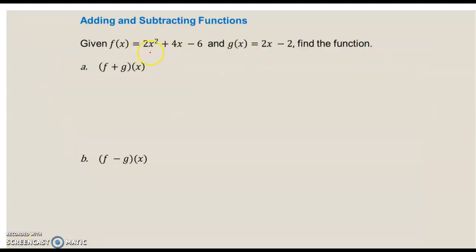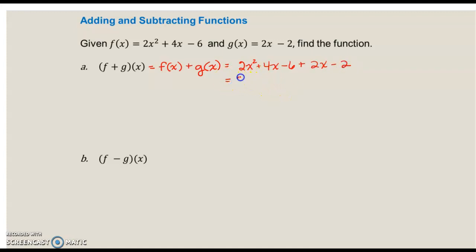This is very much like combining like terms, except we are writing it as f of x equals 2x squared plus 4x minus 6, and g of x equals 2x minus 2. Find the function. So you would simply write the f of x plus the g of x, or 2x squared plus 4x minus 6 plus 2x minus 2.